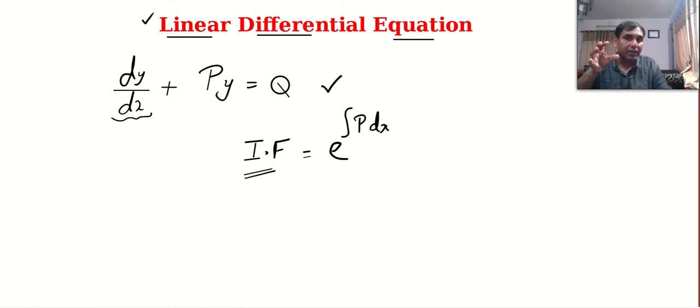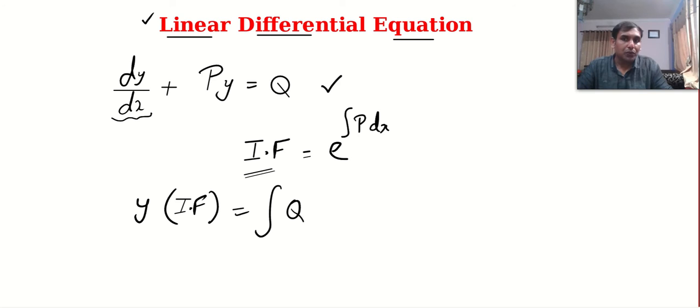Integrating factor means a quantity which, when you multiply throughout the equation, will make it easy to integrate. Anyway, here we have a ready-made solution and you have to memorize it: y times the integrating factor is equal to the integral of q times the integrating factor dx, plus c.